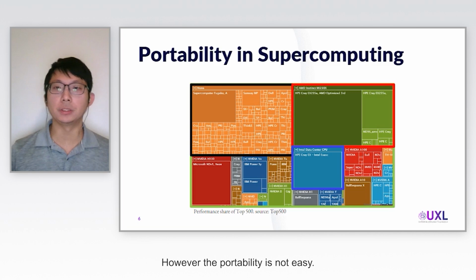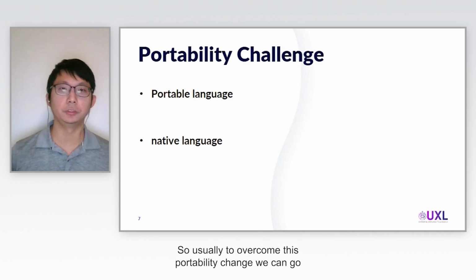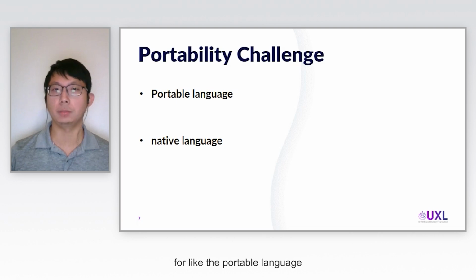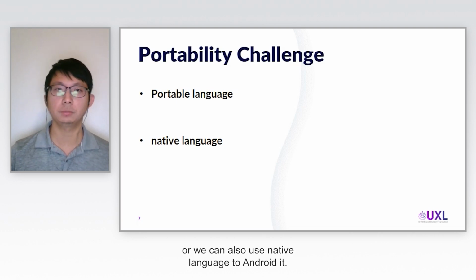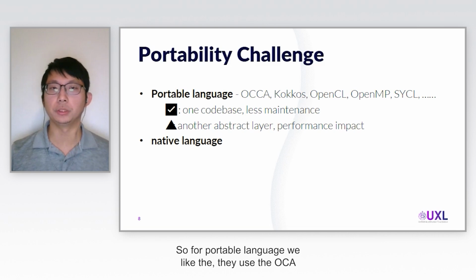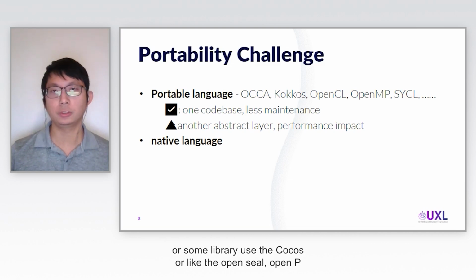However, portability is not easy. Usually to overcome this challenge, we can go for a portable language, or we can use native languages. For portable languages, nekRS uses OCCA, and some libraries use Kokkos, OpenCL, OpenMP, or SYCL.